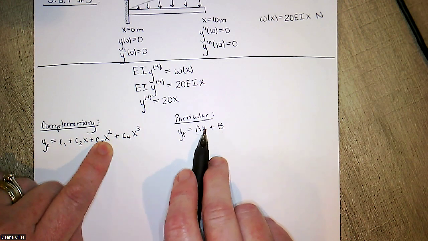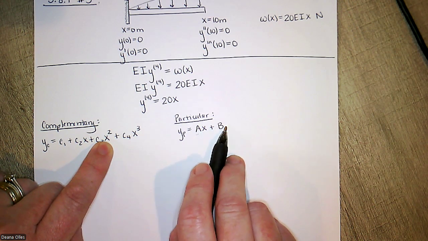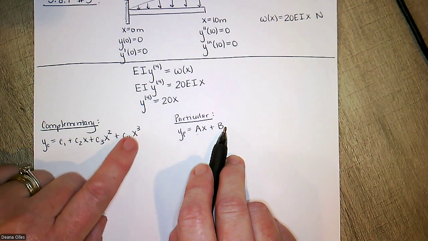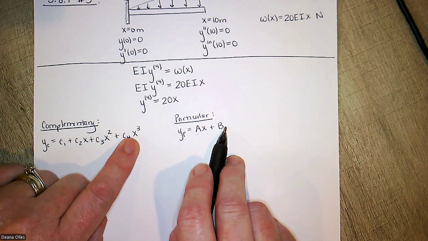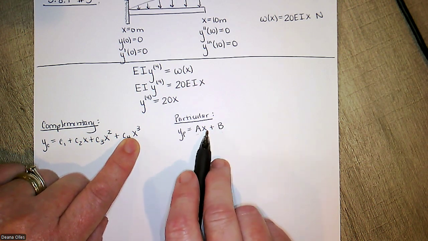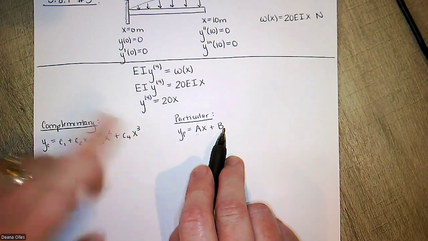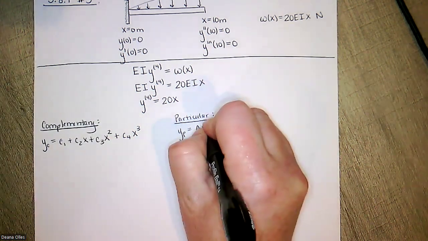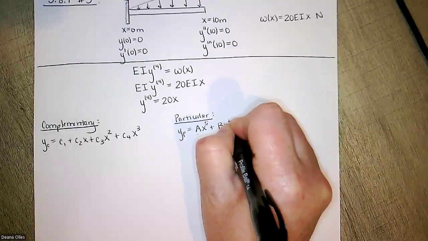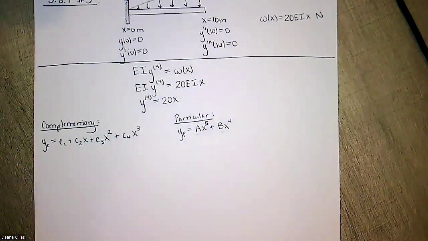Multiply by x again, giving us x to the fourth, x cubed. Almost, but we already have the x cubed. So we've got to go one more, and that way we have x to the fifth, x to the fourth, and now we're free and clear. So it's very important that we get all the way out of any repetition or any linear dependence whatsoever.